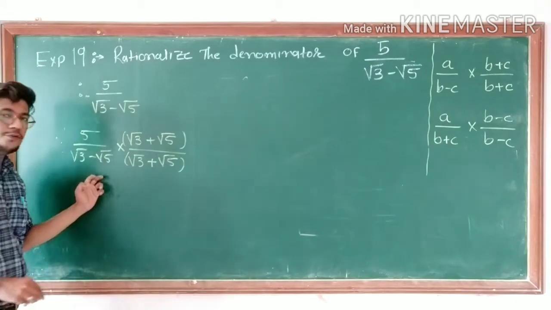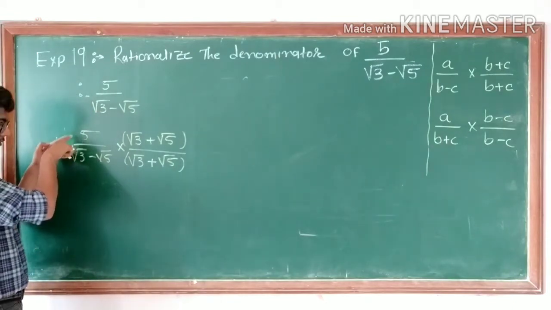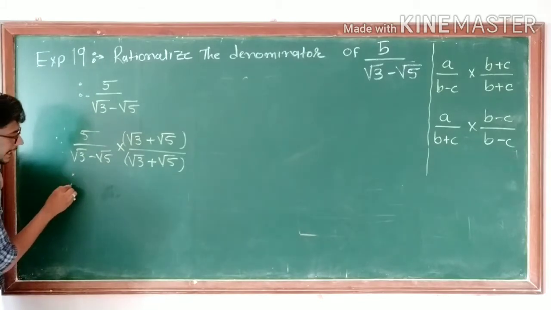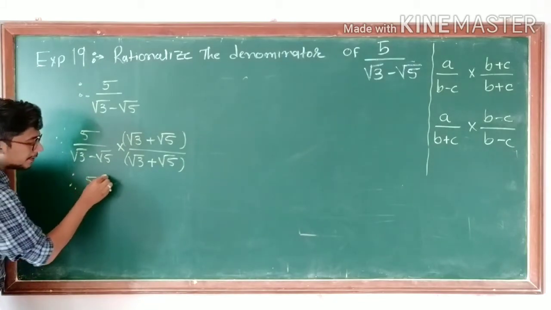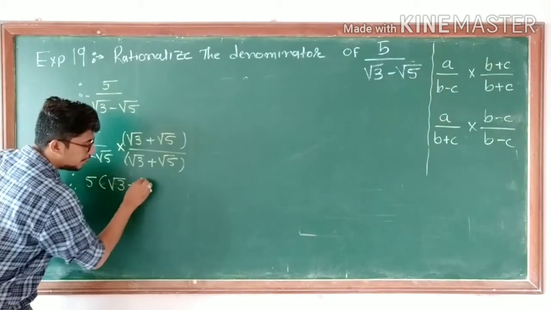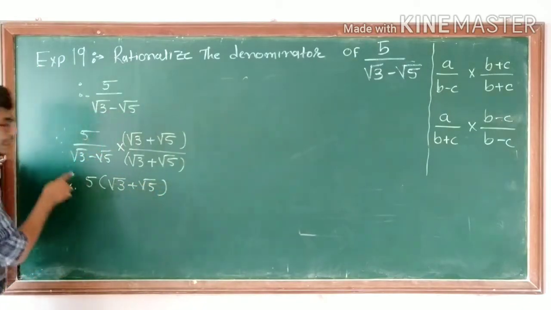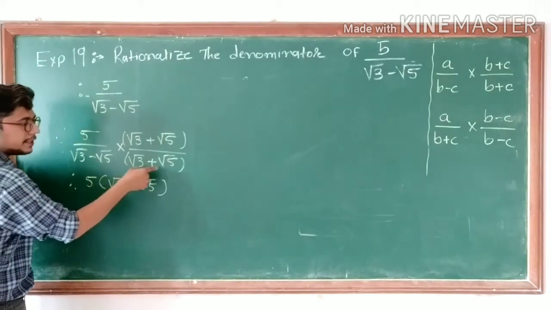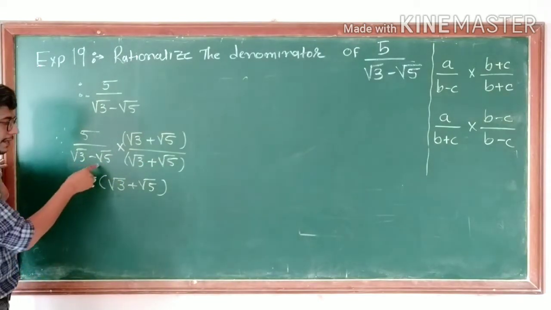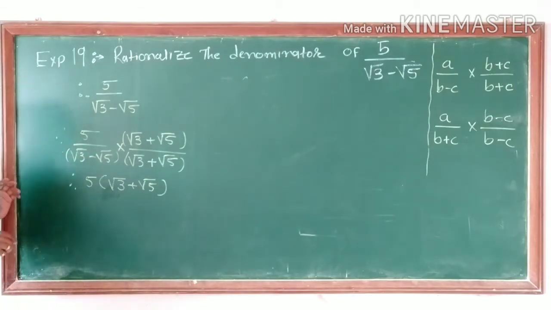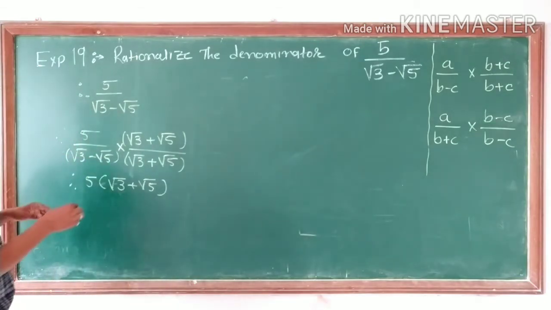Now what we have to do? We have to multiply 5 with this. So what will be the next step? 5 bracket root 3 plus root 5, and at the denominator a minus b, a plus b. So can we write it as a square minus b square, the identity?